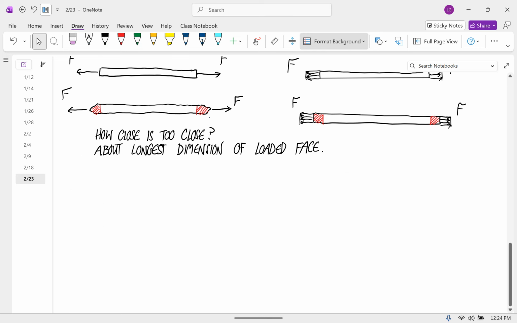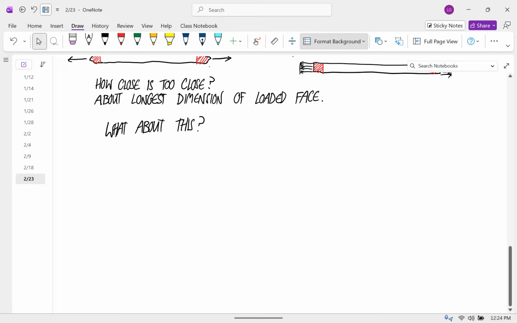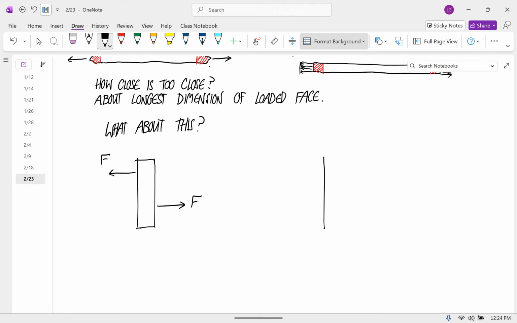But what about something like this? So let's say that we had something like that, and we have a point force here and a point force here, and then over here, in order to do this calculation, we want to replace this point force with a uniform distributed load.